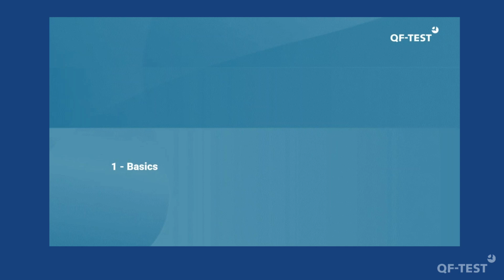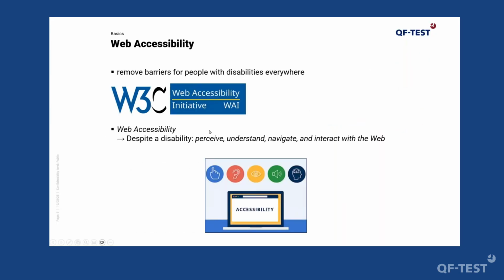We are talking about web accessibility. Accessibility is about removing barriers for people with disabilities everywhere. When we started talking about accessibility, it was in the context of everyday life, like public transportation, but the focus shifted towards the digital world as our technology kept advancing and work and hobbies and everything is moving to the internet, to the web.